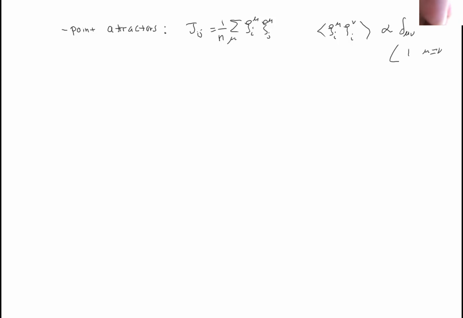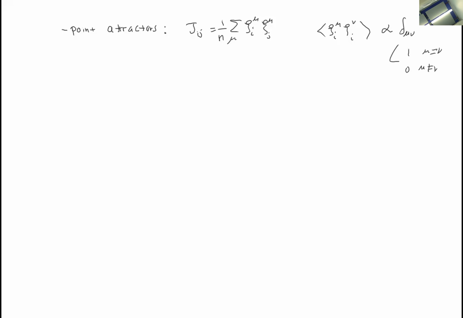And the main insight, which was made by somebody else, is J_ij equals the sum over mu of squiggle_i^mu squiggle_j^mu, times 1 over N. Basically we also had that squiggle_i^mu squiggle_i^nu were approximately proportional to delta_{mu nu}. Remember, this is 1 if mu equals nu, and 0 if mu not equal to nu.